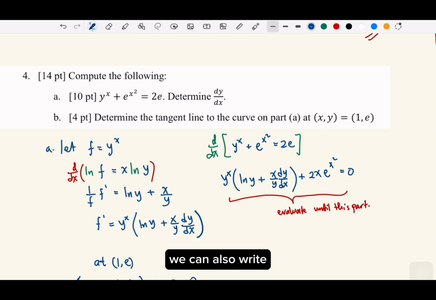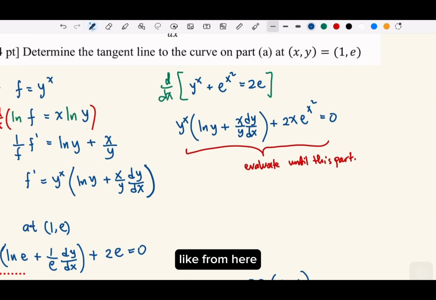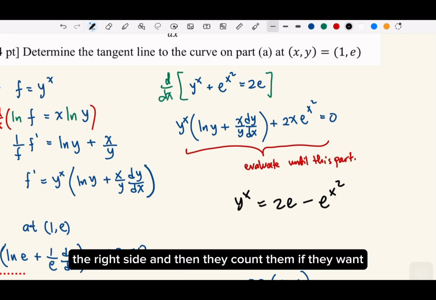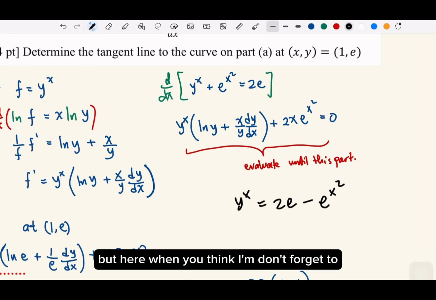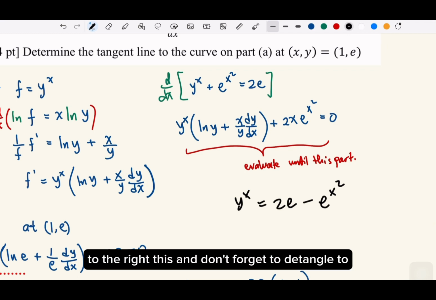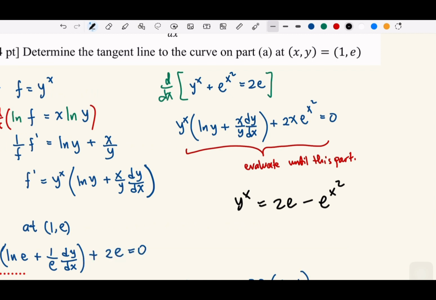We can also write like from here. We can move to the right side and then take ln. But here, when you take ln, don't forget to derive this, and don't forget to do the chain rule. Okay. It's also correct, I think.